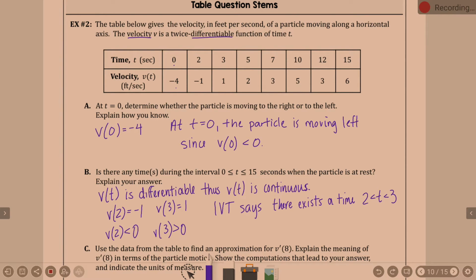There exists a time between 2 and 3 where v of t equals 0. So the particle is at rest. Okay. You guys all had the right idea. It's just I'm trying to make it official.